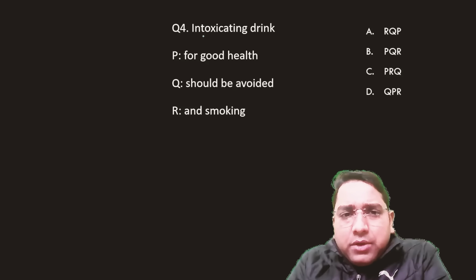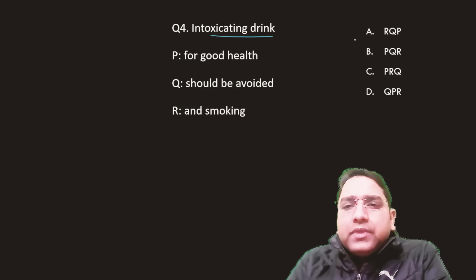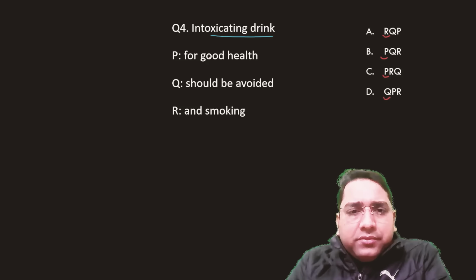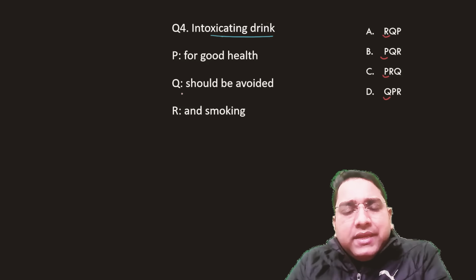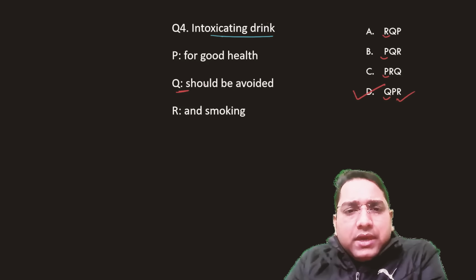What are we talking about? Intoxicating drink. The first line can be R, P, P, Q. Let's see. For good health, should be avoided. Yes. Intoxicating drink should be avoided. So we found that it should start with Q. That means this is the answer. You don't have to read further. Should be avoided. But no.